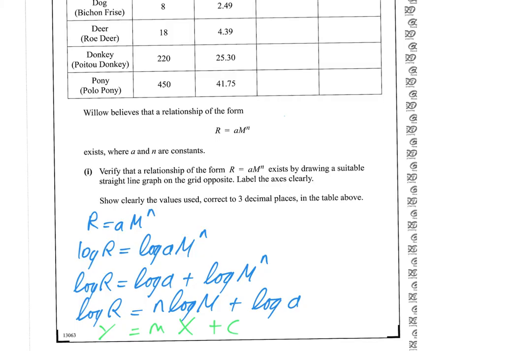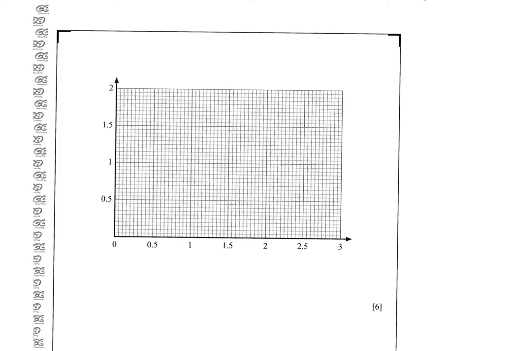So here n will be the gradient, and log a will be the y-intercept. So when we plot this thing, the gradient will be given by n, and log a, wherever that happens to be, will be the y-intercept, but quite often you can't see your intercept, or your gradient doesn't work out just so well.